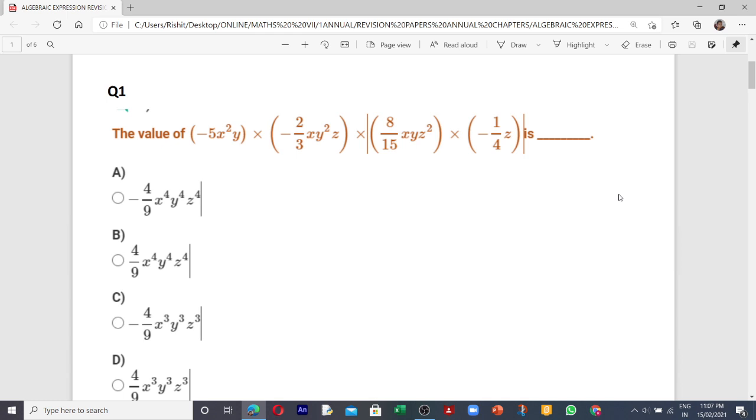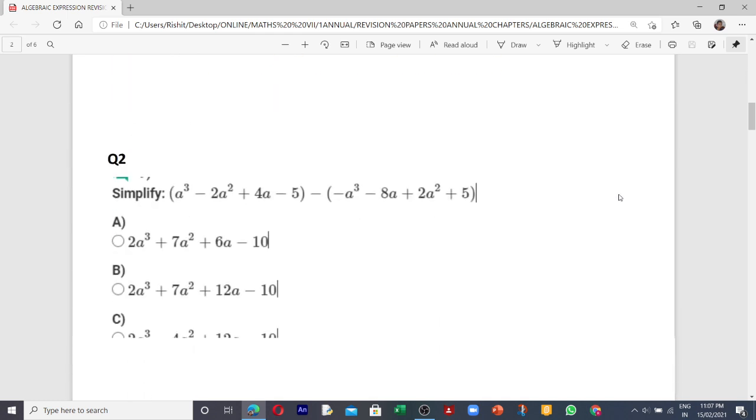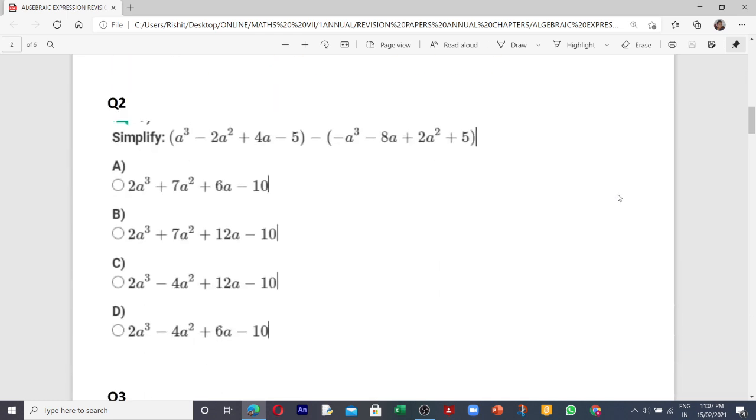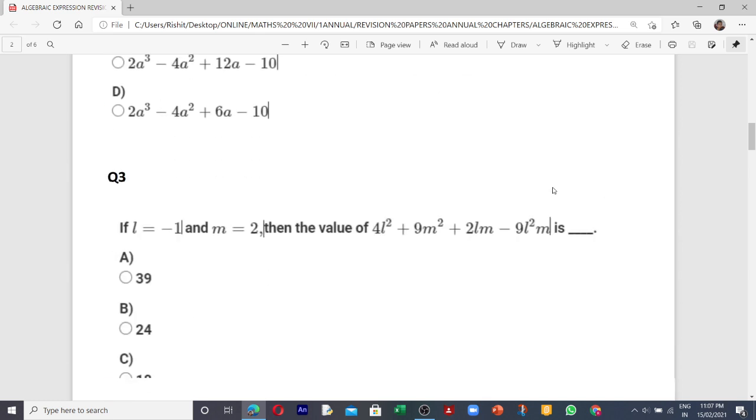Okay, now next one. If you have missed this, see the next question. You have to simplify this expression from the given expression, and then what will be the answer, children? I hope you all have done question number 2 and its respective answer.